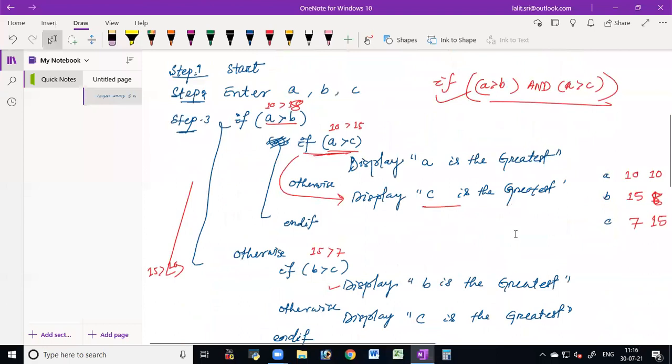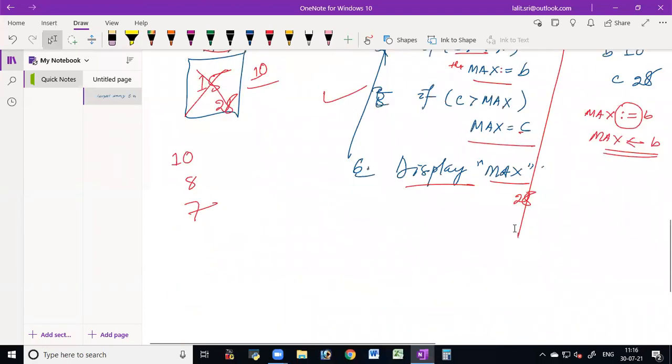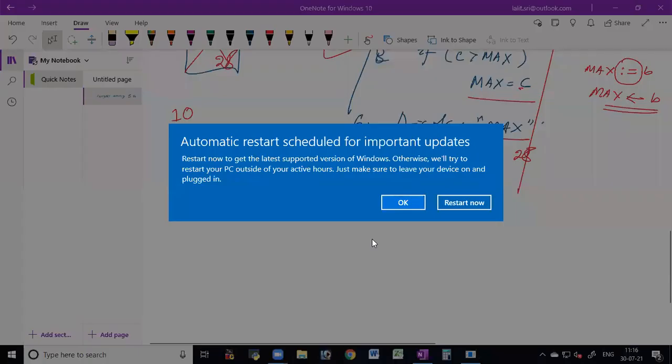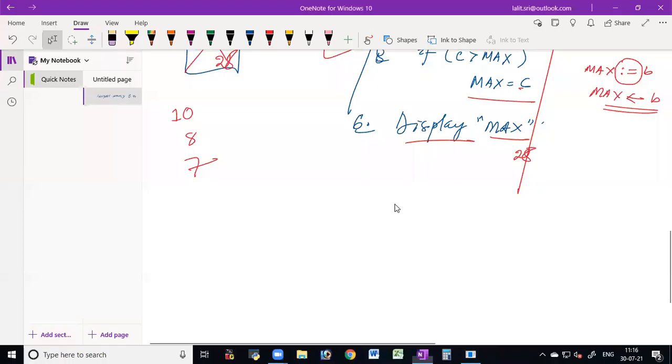Clear? Any other doubt? Any other questions? So should we go for the next chapter or next method?